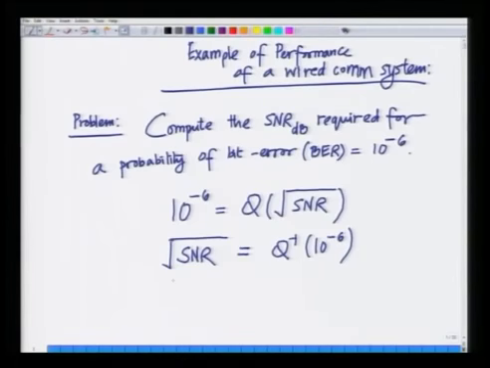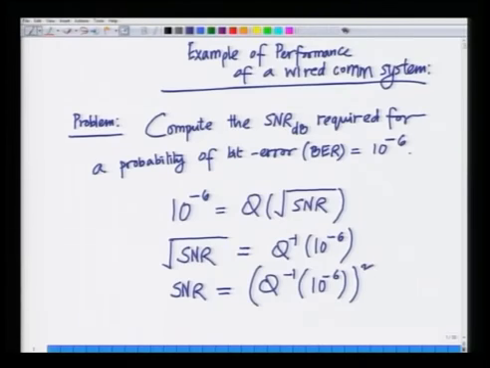If I square both sides, the SNR required is simply Q inverse of 10 power minus 6, squared. Now, again there is no closed form expression to compute this. So, we have to rely on tables.